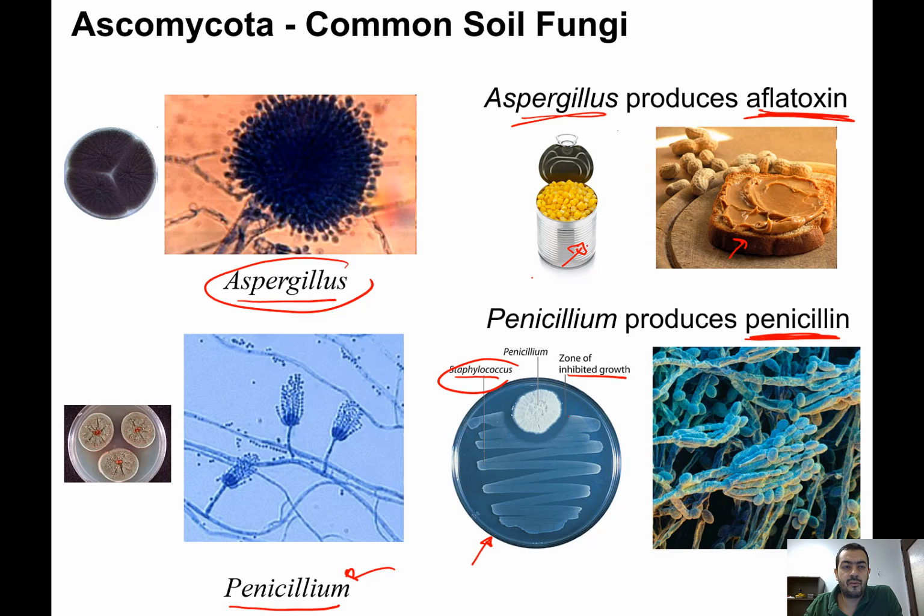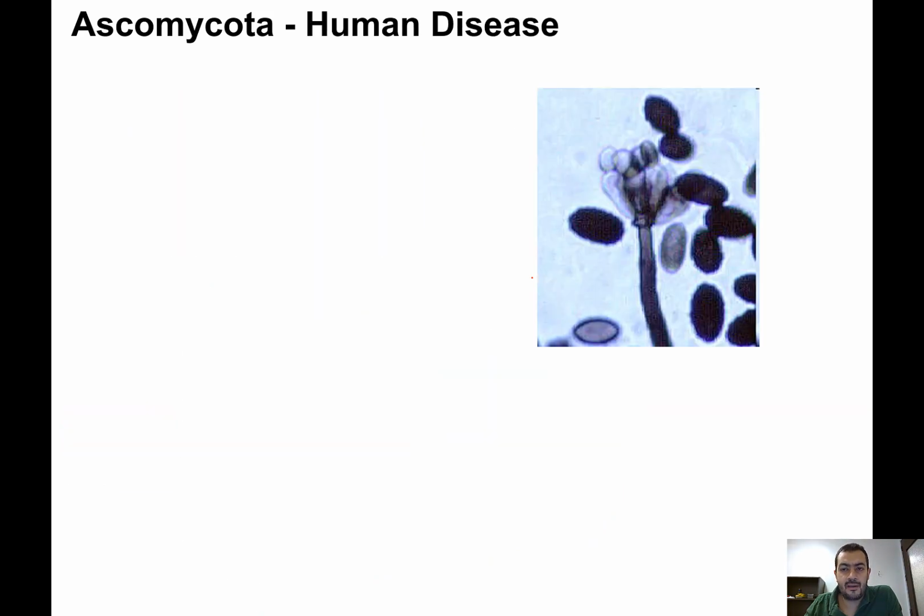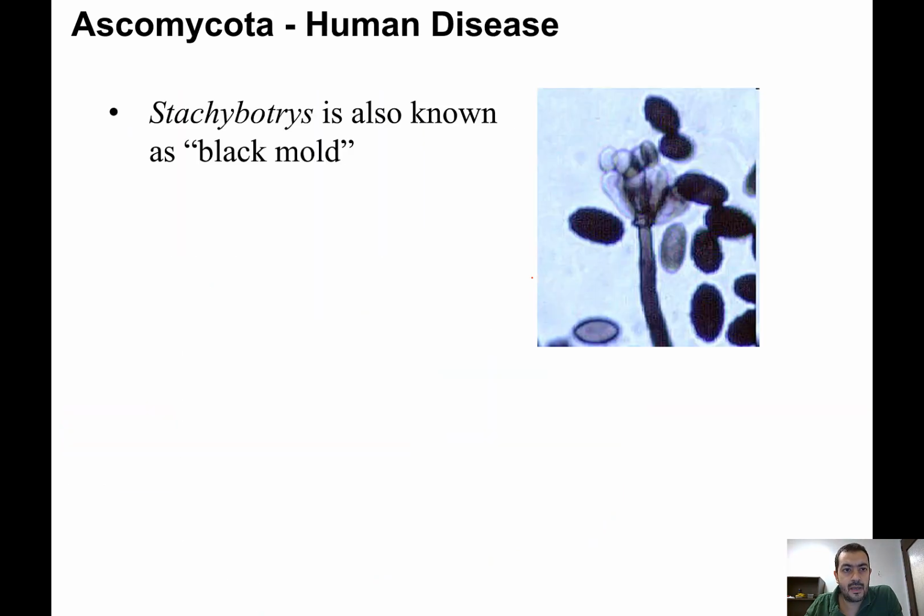Another example of an Ascomycota that can lead to human disease is the Stachybotrys. So Stachybotrys is the mold that is causing the black mold, and it is actually a type of fungi that loves to grow on cellulose.